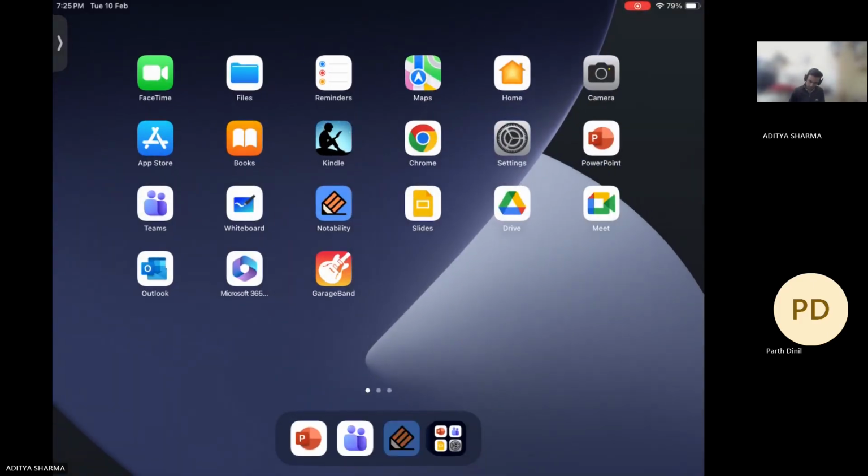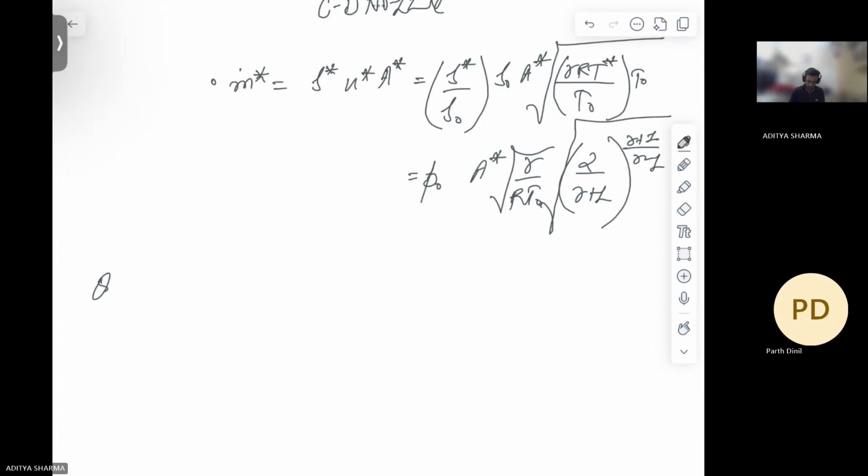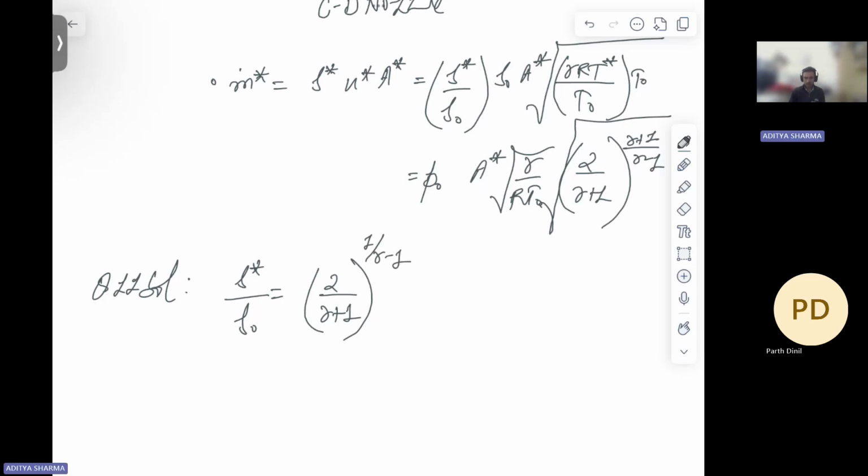So the percentage decrease, then it asks. This ratio is from previous week's content. For air, we can directly give it, right?